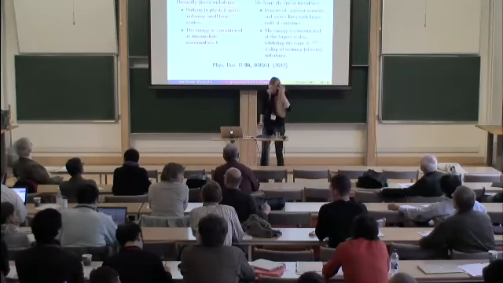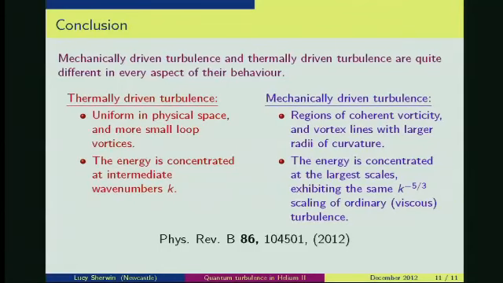Okay, so if I was to now sum all of this up, I'd say that we've established that turbulence in superfluid helium can exhibit properties similar to that found in classical turbulence. But the establishment of these classical features is highly dependent on how we propagate our turbulence. So if the turbulence in the superfluid is driven by thermal drive, then it's quite different to ordinary viscous turbulence.